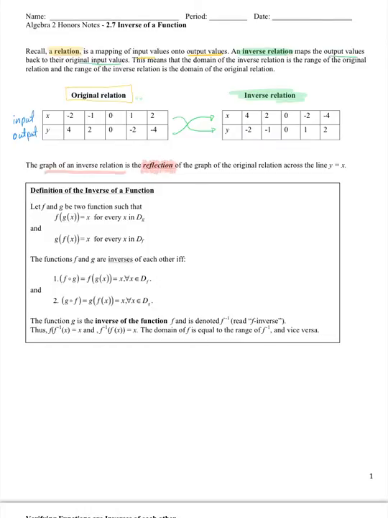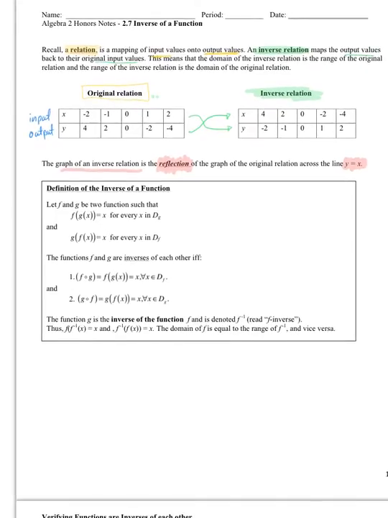So the inverse is a reflection of the original relation across the line y equals x. So this is very fascinating, and we'll have to do the activity together. I wanted you to do a discovery activity to discover what it is graphically, but we can do that later since I'm not there. So algebraically, what is the definition of an inverse of a function?